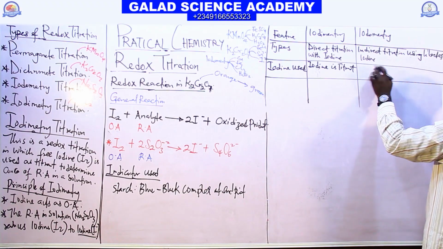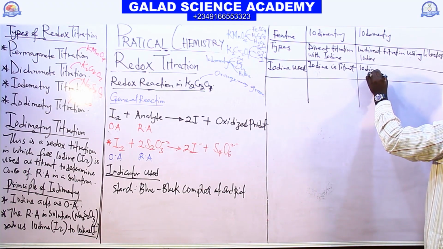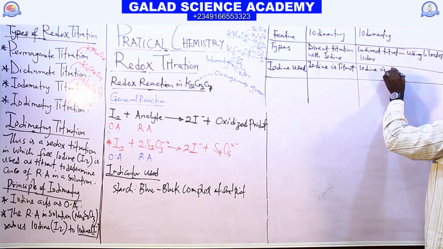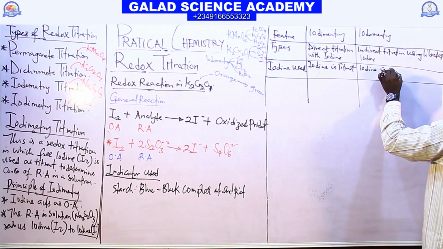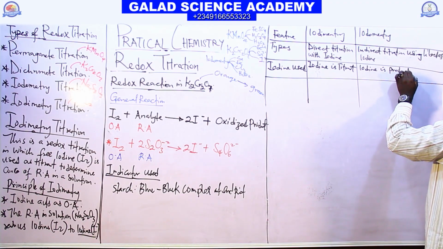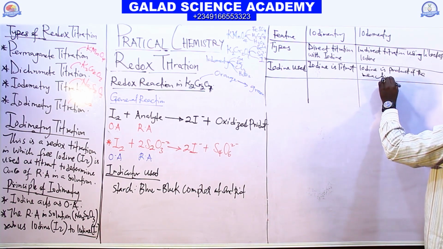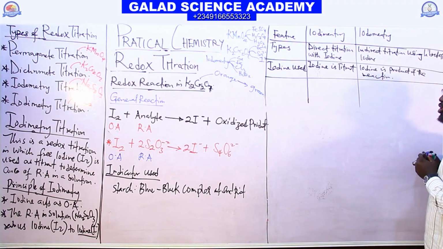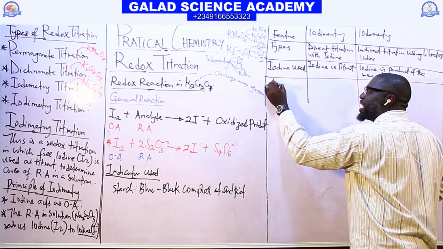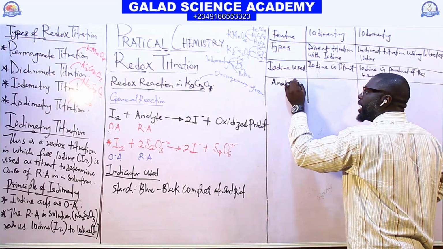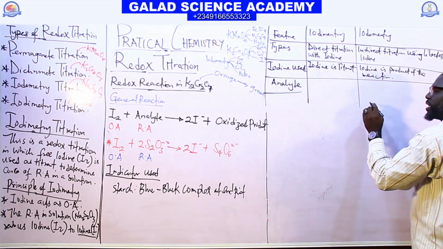Then the iodine here in iodometry is a product of the reaction. It's not the titrant. It's a product of the reaction. So what is the analyte in iodimetry?